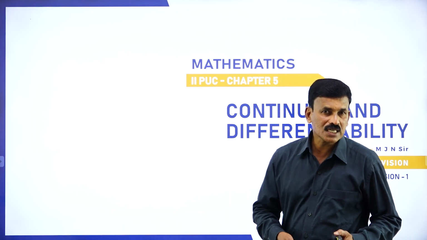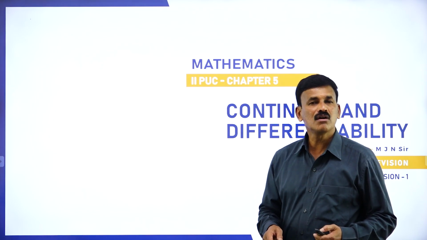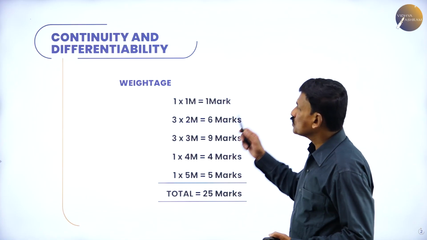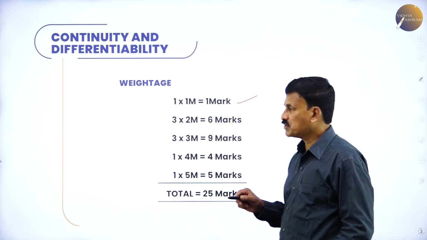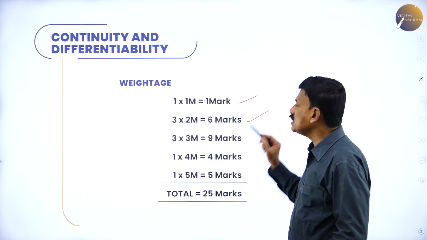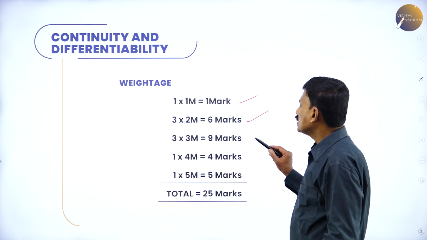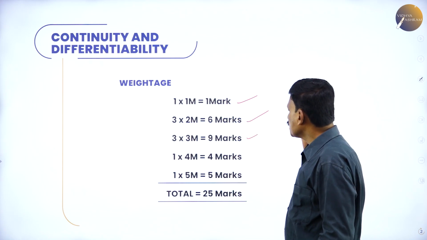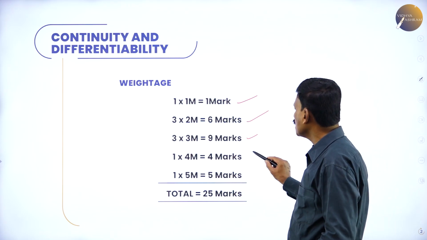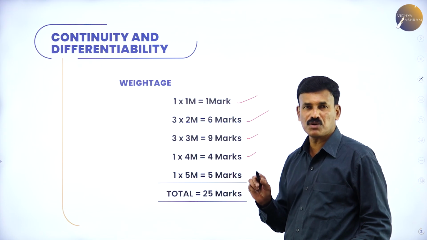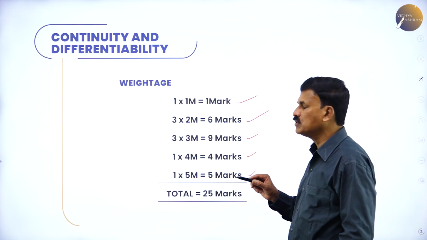Before going to the exact chapter, let us know what are the types of questions and what is the weightage of this chapter. In this chapter, you are going to get one 1 mark question, 3 questions of 2 marks, 3 questions of 3 marks, one 4 marks question in part E, and one 5 marks question in part D. So, in all parts we will have a question.